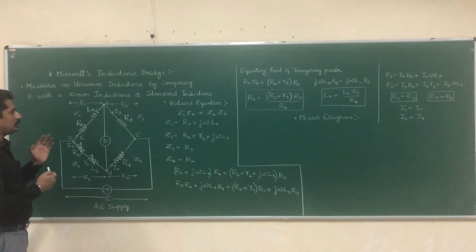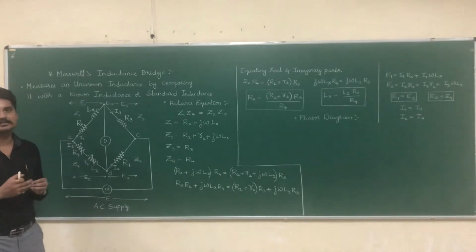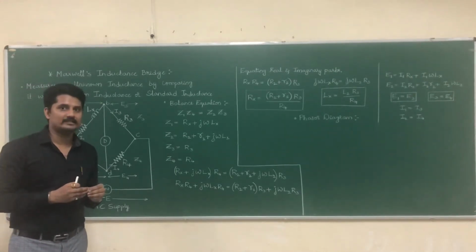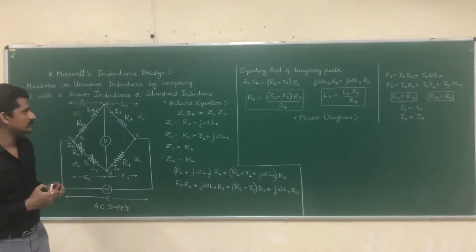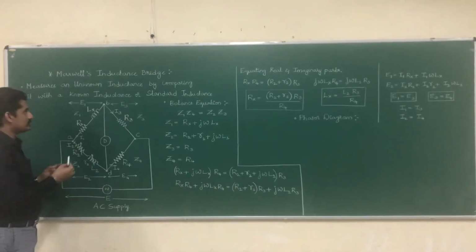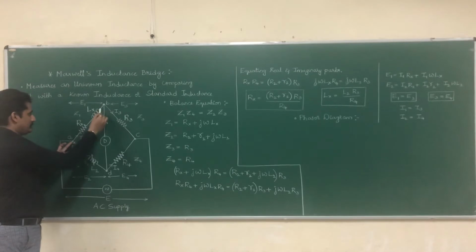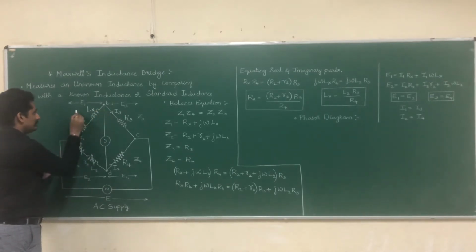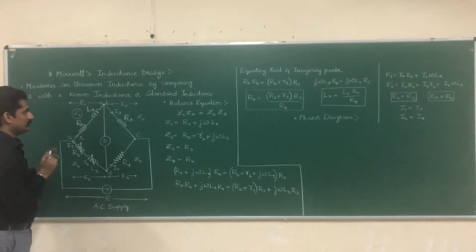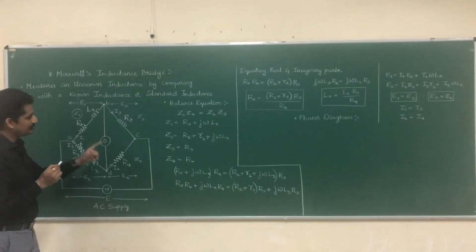Now, how to balance this bridge? For that we have an equation. The impedance of arm AB is Z1.